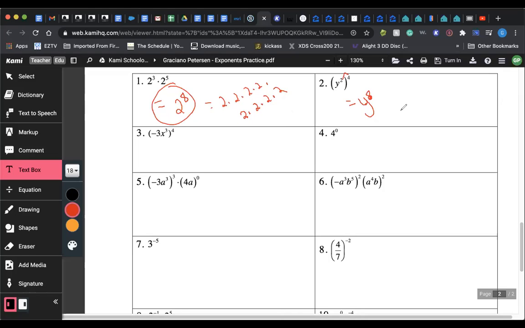Number 3 is basically the same thing. Exponents again. I got it, Mr. G. Good. But don't forget, this time you have both situations because you have a -3 as well. So you have to do -3 to the fourth and what we just did in number 2, so 3 times 4. You have to do both.